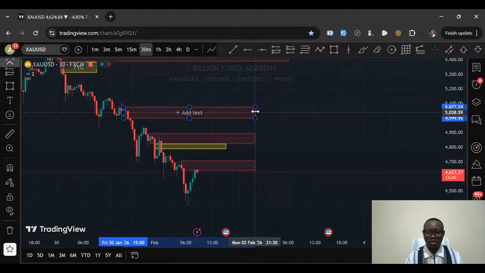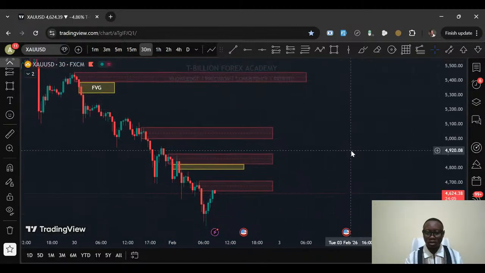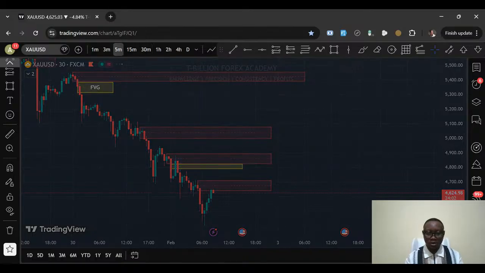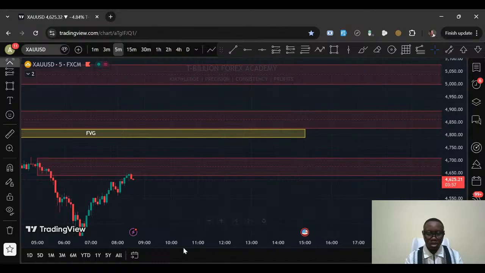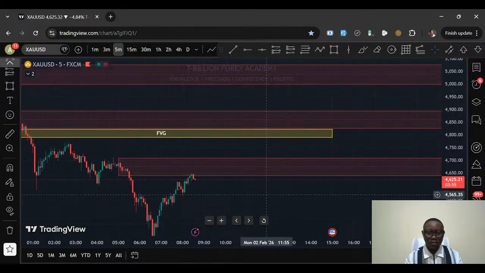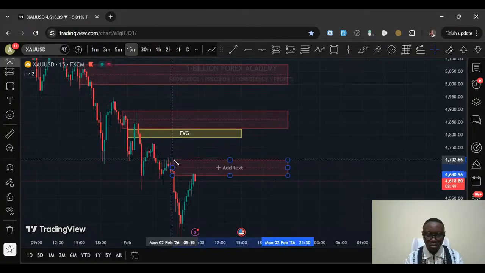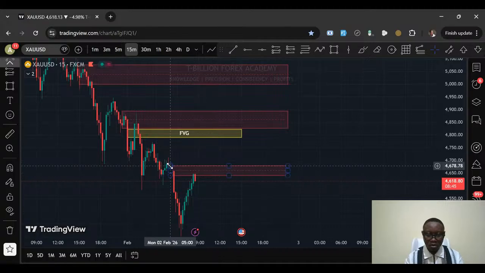Let's drill down to our entry time frame first, to see if there's a confirmation to take the trade. Sorry, that's the 15 minutes first. So we have this. We have this.